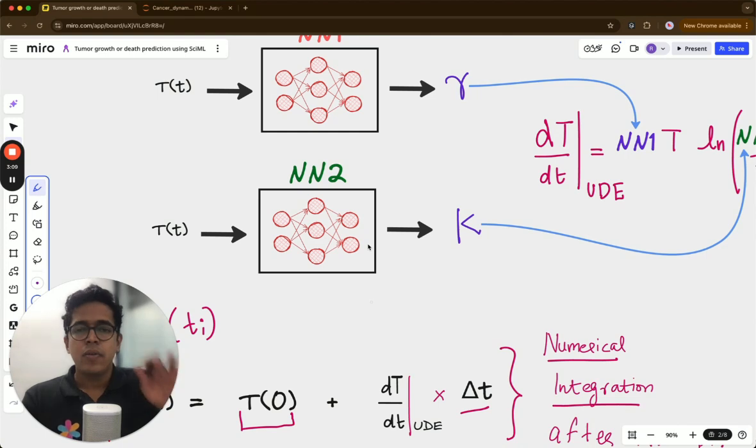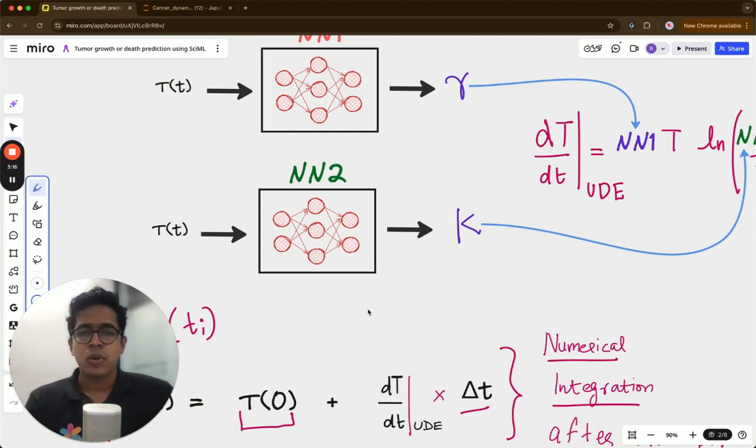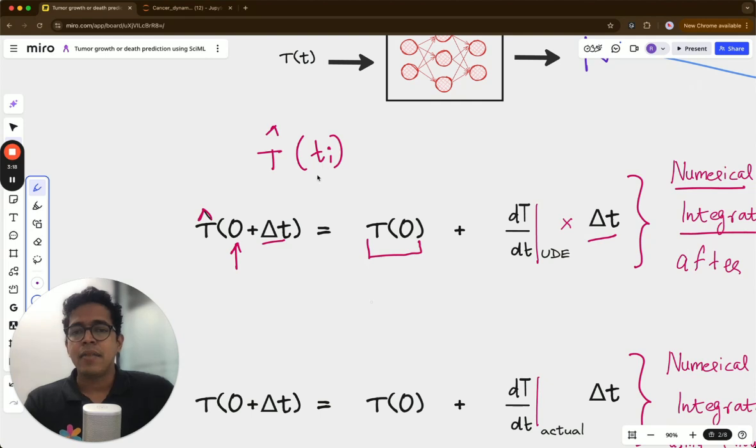Now, okay, how do we know whether the neural network has made good predictions, meaning how good or how bad the UDE is? For that, you have to compare the predicted value of tumor size with the actual value of tumor size. Now, the actual value of tumor size you can know in a few different ways. One is if you have an experimental data set, you can use that as the actual value of tumor size as a function of time. You can find this experimental data from published papers in the literature.